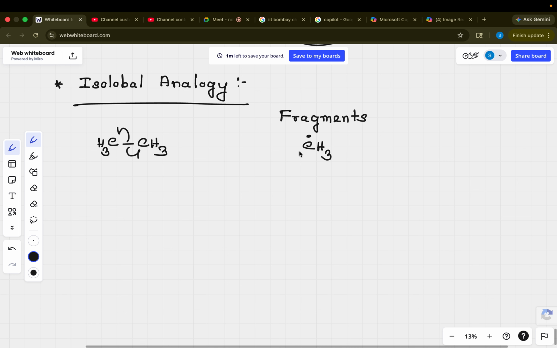Now suppose you have this molecule (CO)4Fe double bond Fe(CO)4. So the fragment from this molecule will be your Fe(CO)4.